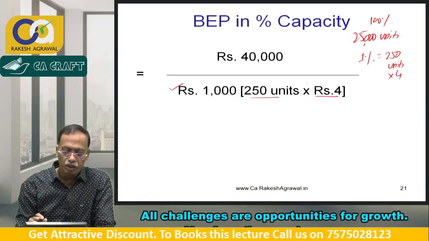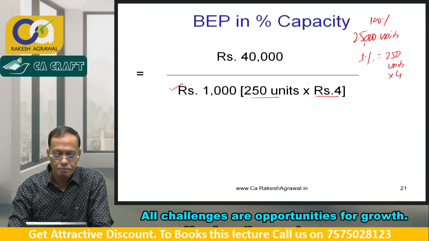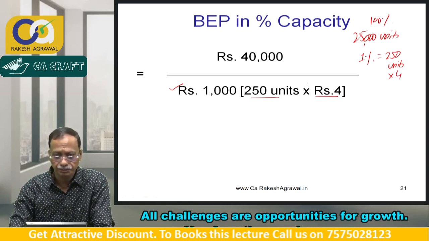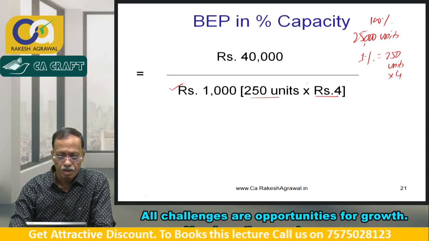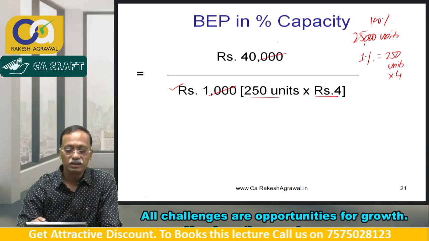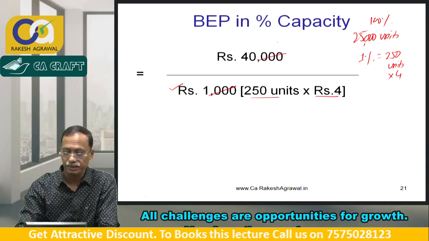Write it down the way you want so that you understand it later on. So rupees 40,000 divided by 1000. Now these 3 zeros will go away. The answer will be 40, but this 40 is 40% capacity.